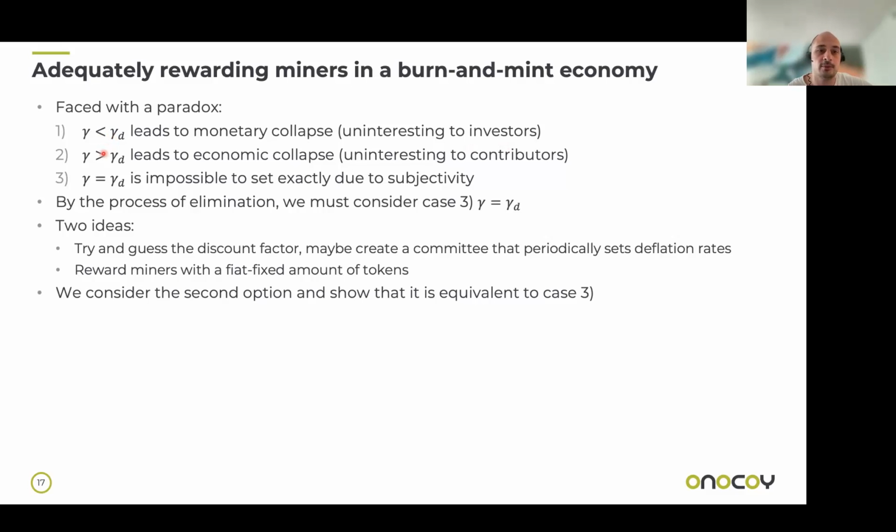And on the other hand, we have economic collapse because we're uninteresting to the people that provide and manufacture the data, right? They're not being paid enough eventually. Maybe at first they are, because you've chosen a high reward rate, a high amount of rewards at the beginning. So yes, it is super interesting.